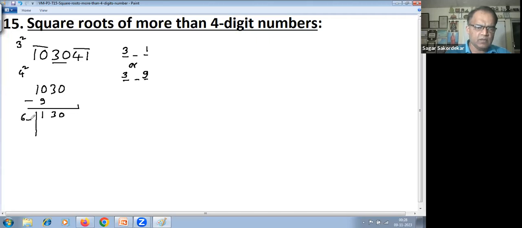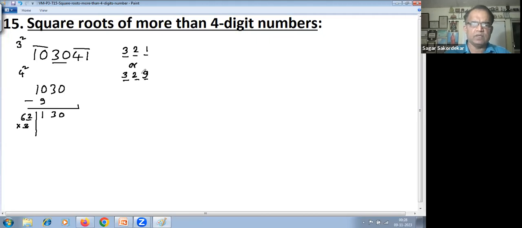So the question is what number you get here, which same digit you have to multiply to get an answer near to this but less than this. If you put 1, then 61 into 1 is 61, which is not near. But if you put 2, it's very clear. 62 into 2 is 124. Okay, so 124 is very near and less than this. So the correct digit at the middle position is 2.